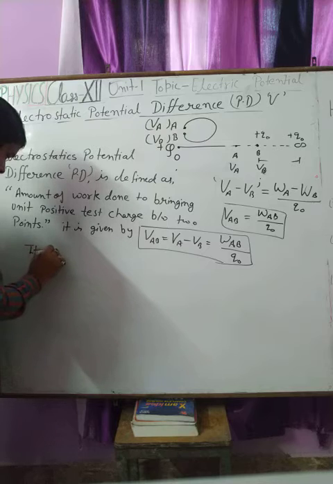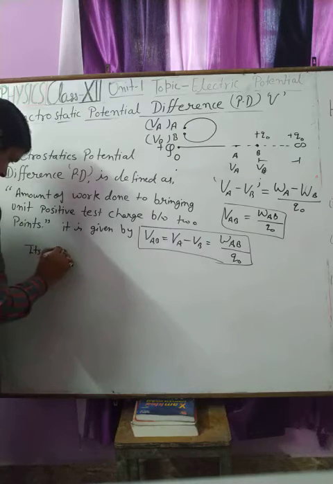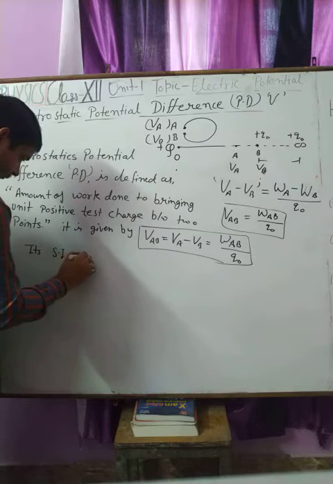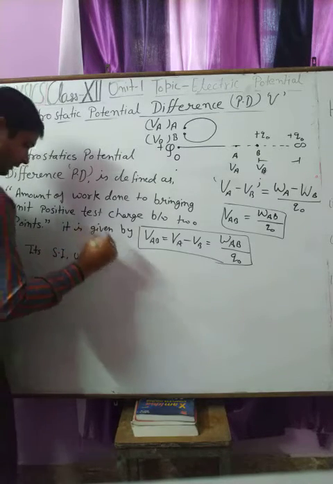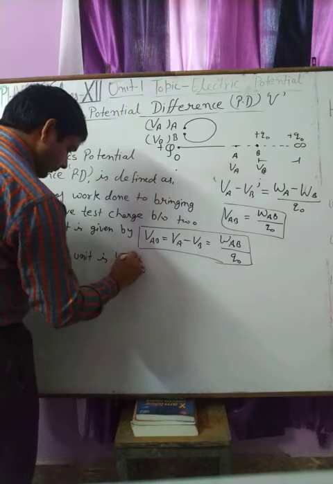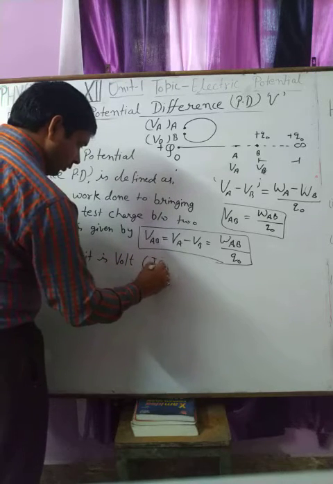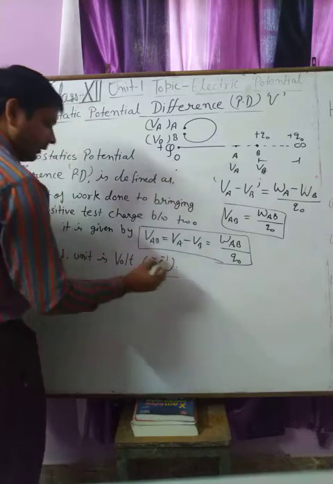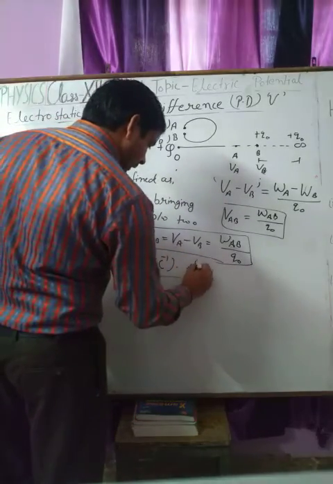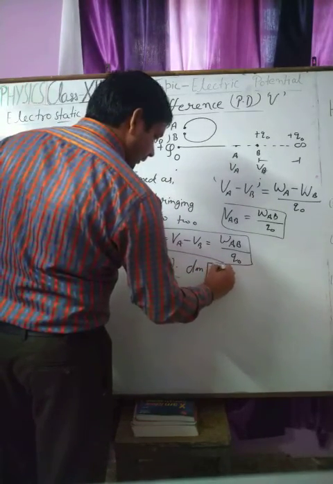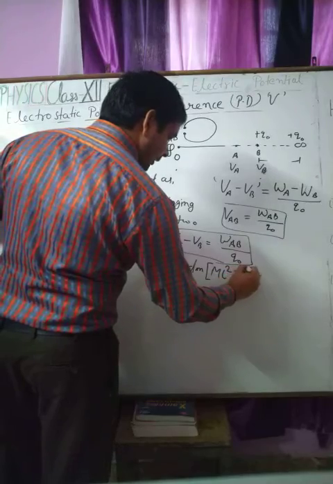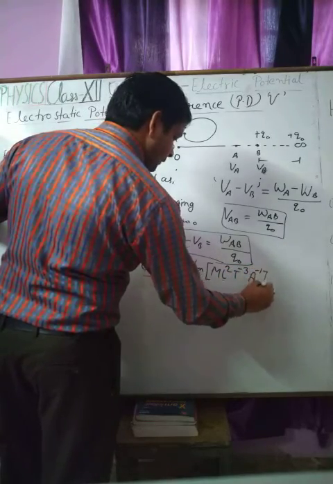Its SI unit is volt or joule per coulomb, having the dimensional formula ML2 T minus 3 A minus 1.